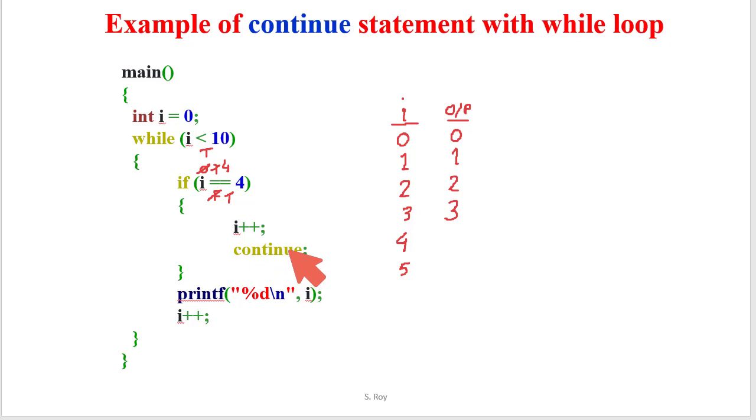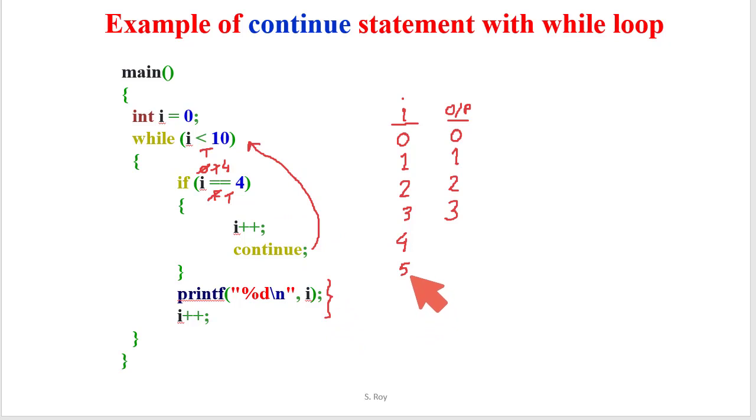What will happen? When this continue statement is executed, it will return back to the start of the while loop. Means the rest part of the loop will not be executed. This part of the program will be skipped.